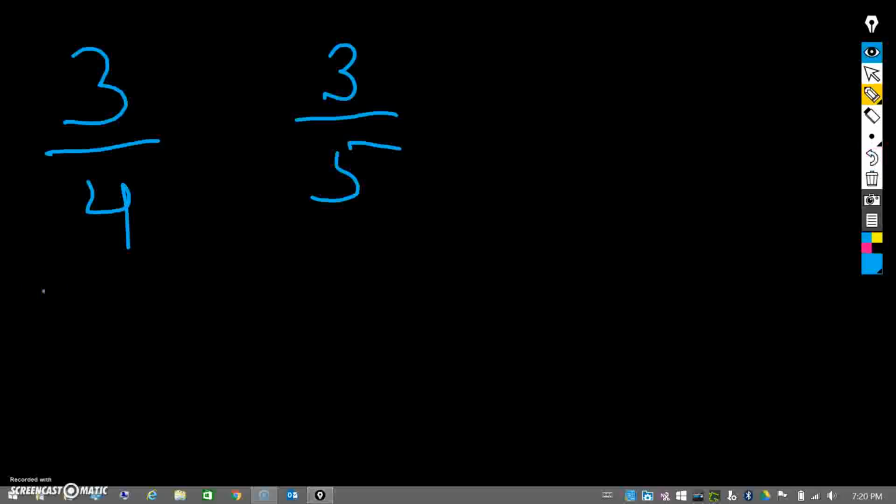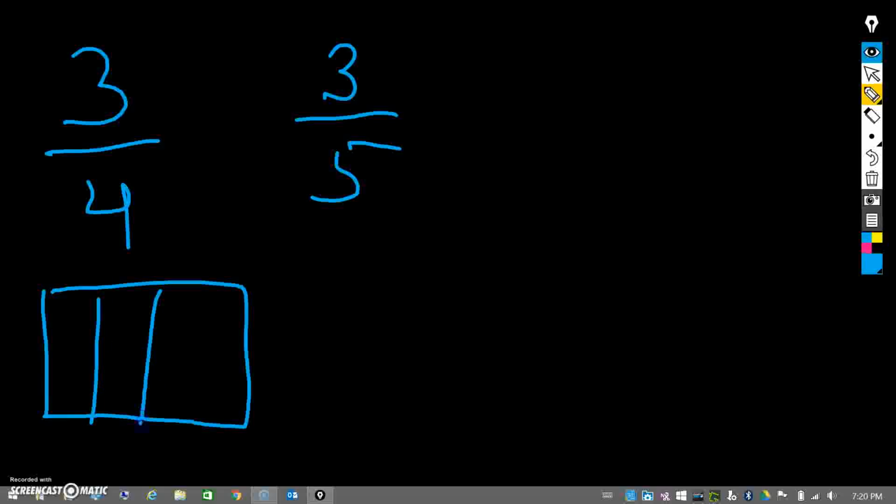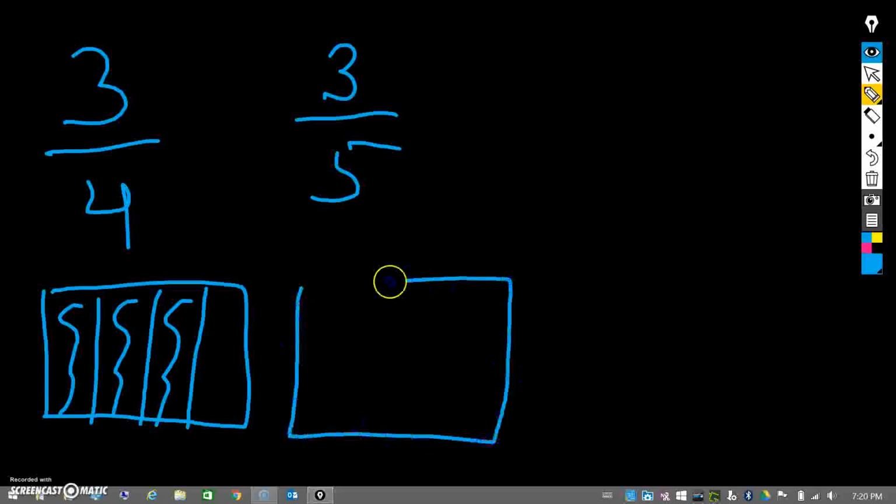We could draw a picture. So we'll draw a rectangle, and we want to divide it into fourths. And then we'll shade in 3 of them, like that. That's 3 out of 4, 3/4. And then we'll draw 3/5. Try and make our rectangle the same size.